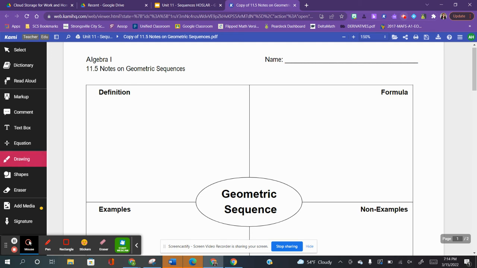And so just like we had stated before, a sequence is a list of numbers, but specifically a geometric sequence is a list of numbers that have a common ratio.